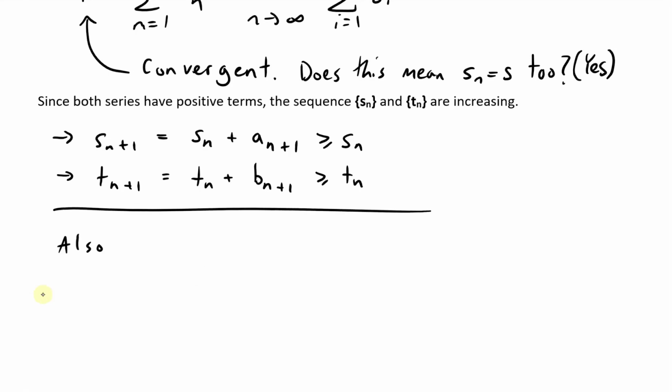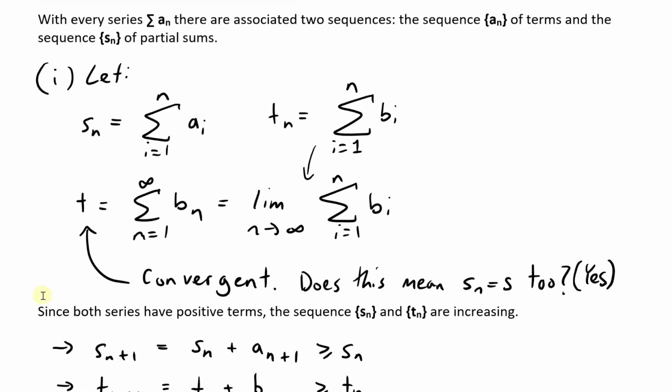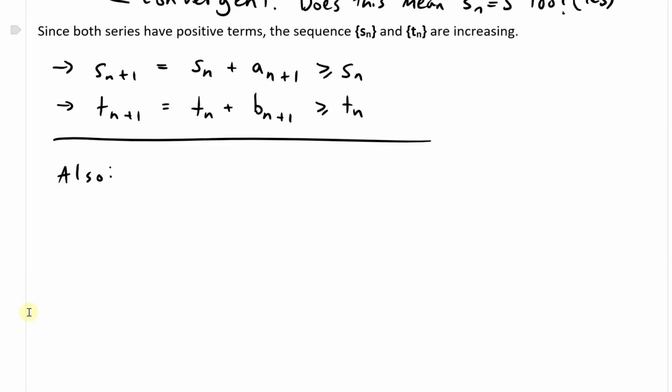All right, so going further, also what we know is, let's write it here. This one right here, t, is in other words the limit of our T_n. So this just equals the limit as n approaches infinity of T_n. So T_n is approaching t as n approaches infinity.